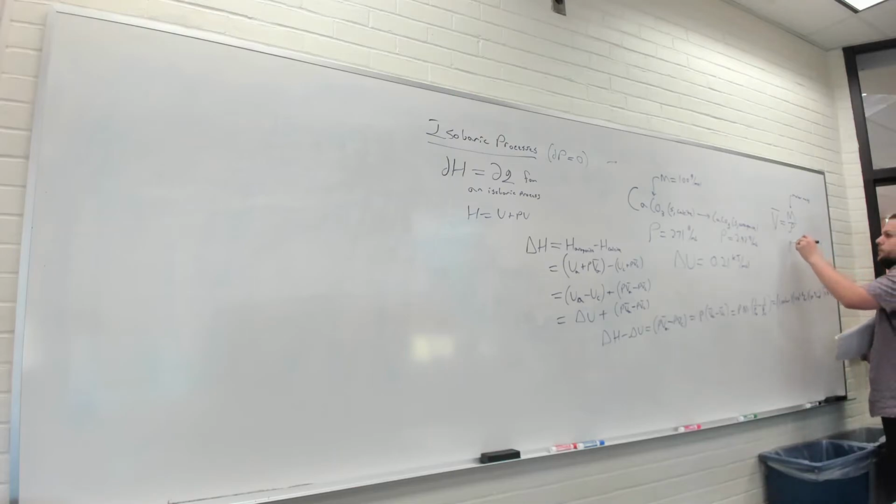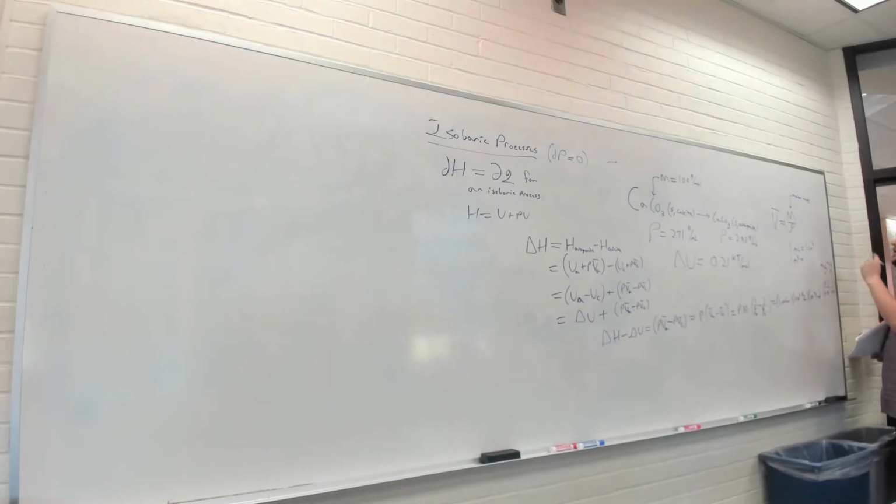So let's see, 1 milliliter is 1 cm3. And 1 meter cubed, so there's 100 centimeters in a meter, is going to be 100 cubed centimeters cubed, which is 10 to the 6 centimeters cubed. Okay, so we're going to have to convert by that as well.